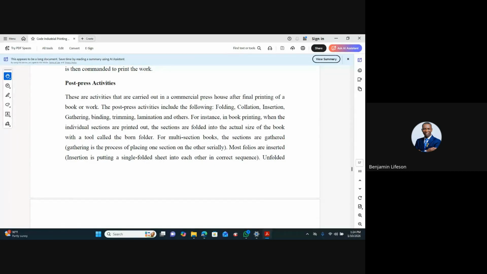All right. Now, there's one thing that you need to also know. In collating loose sheets, it is used for handouts, reports, examinations. We can collate loose sheets. Then in gathering, we gather folded sections, all right, so that we can bind it.